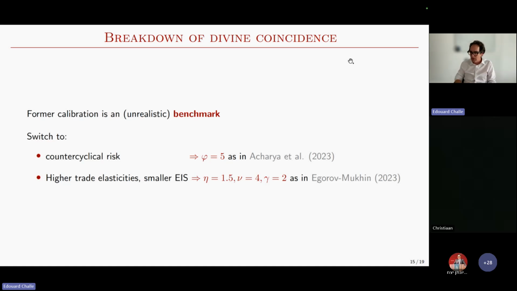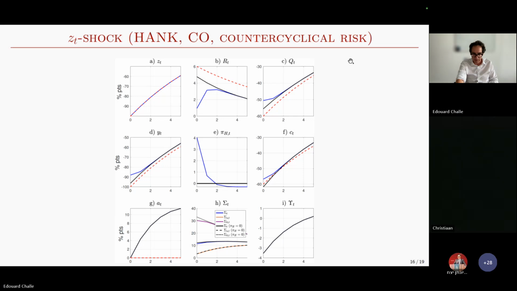Here we just pick a set of elasticities from a recent paper by Egorov and Mukhin that captures the fact that trade elasticities are relatively higher than Cole-Fed, and the elasticity of intertemporal substitution is smaller than Cole-Fed. So risk aversion equivalently is greater. So here it's going to be gamma equal to 2 for the risk aversion coefficient, and the trade elasticities eta and nu are higher.